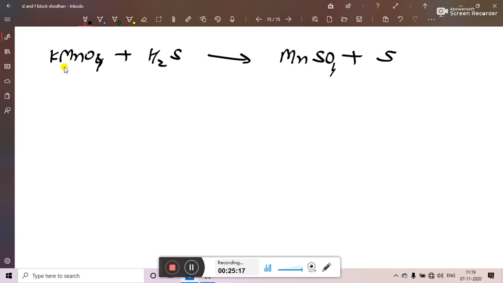So here in case of KMnO4 Mn is plus 7. In case of MnSO4 Mn is plus 2. While in H2S sulfur is minus 2 and here sulfur is 0.